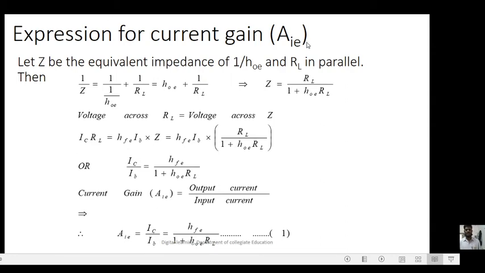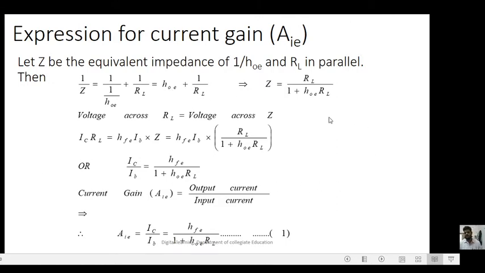Expression for current gain, AI. Let Z be the equivalent impedance of 1 by HOE and RL in parallel. Then 1 by Z is equal to 1 divided by (1 by HOE) plus 1 by RL, that is HOE plus 1 by RL.